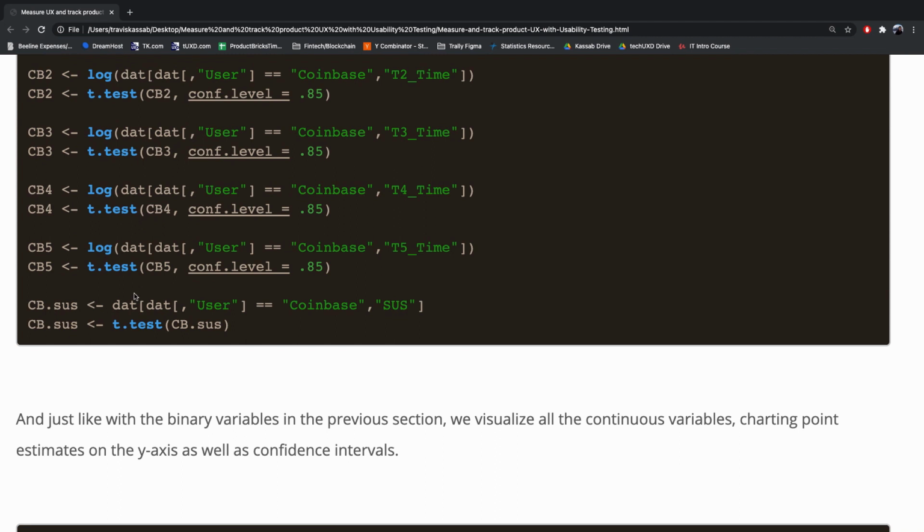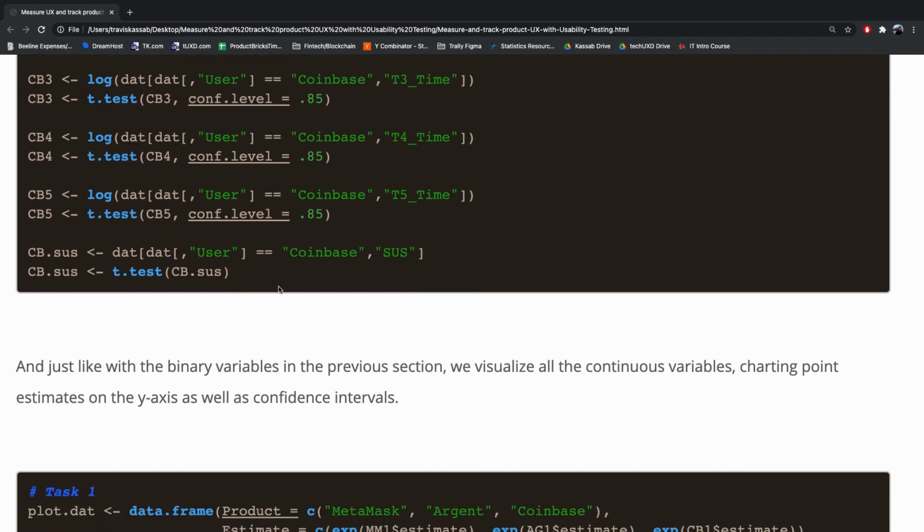And we do that for each of the tasks, for each of the variables, right? And for SUS, it is a continuous variable like time, but it's not positively skewed like time. So we just calculate the mean for that, and this is what we use for the point estimates. Geometric mean for the time variables, and just regular mean for the SUS score. I'm using a t-test here to calculate the confidence interval for each of these, by the way.